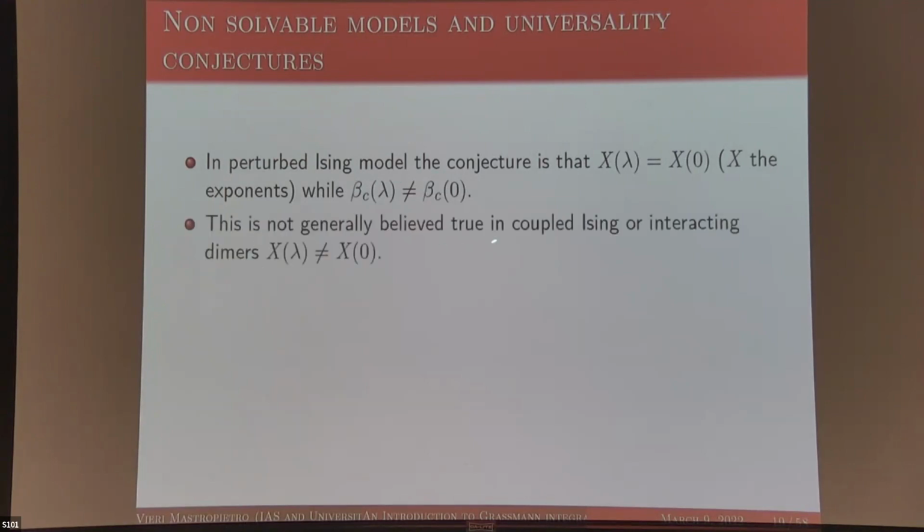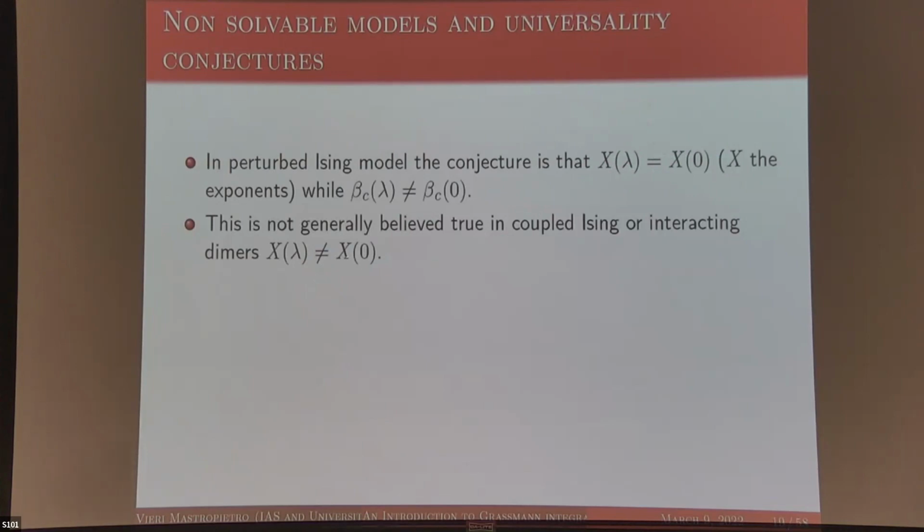Instead, in coupled Ising, the exponents are changed. This was a shock in the 70s. If you consider one Ising, lambda is the perturbation. If lambda is equal to 0, it reduces to Ising. In the case of one Ising, the exponent does not depend on the perturbation. But if you consider two Ising models, then it depends on the perturbation.